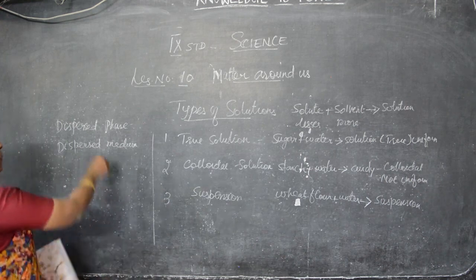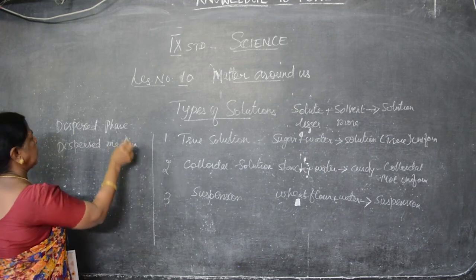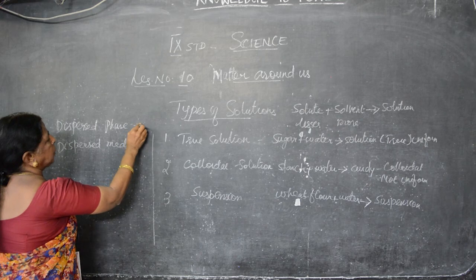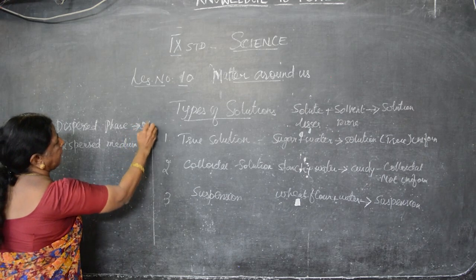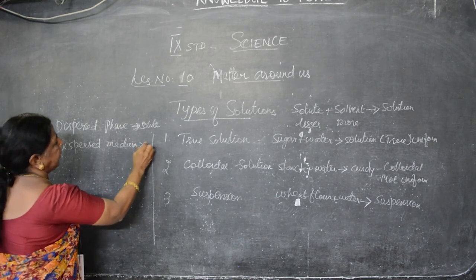They may be solid, liquid or gas. Both are. So dispersed phase means this is like solute, that can be dissolved. Medium is solvent.